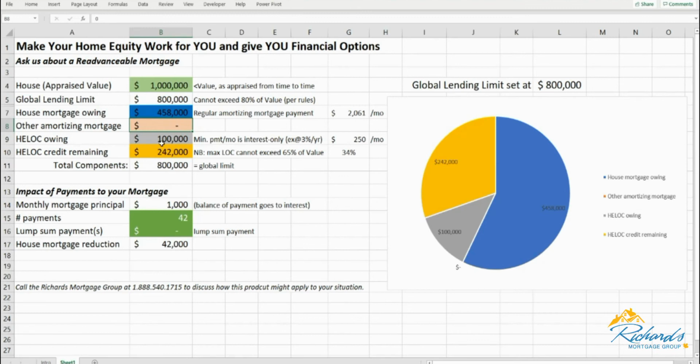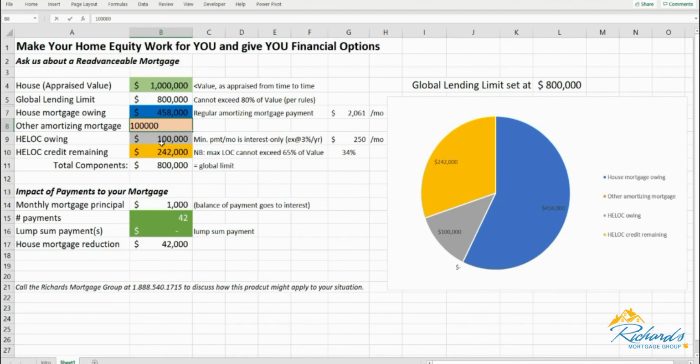Some readvanceable mortgage lenders allow you to have more than one mortgage segment. So in this case, let's say we can lock in the $100,000 that's on our line of credit into a fixed rate amortizing mortgage to protect ourselves against rising interest rates, and also to get a lower rate than you'd get with a regular mortgage product.